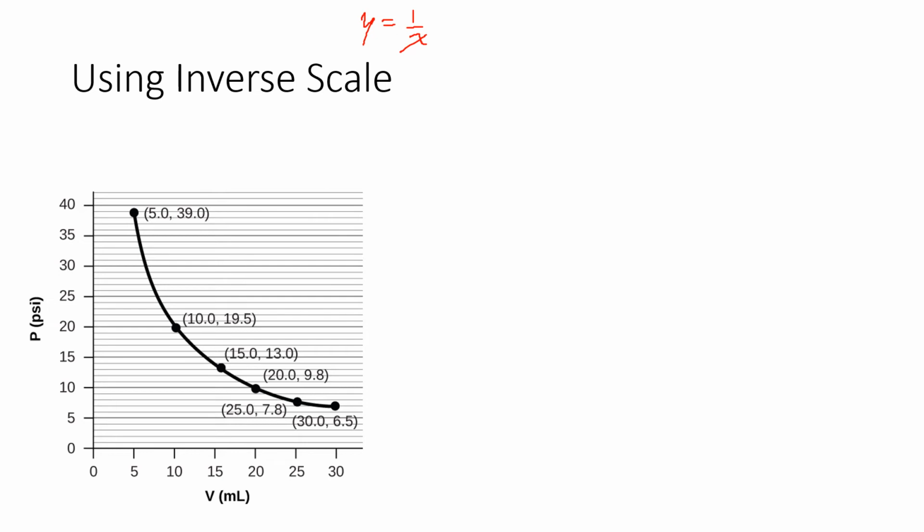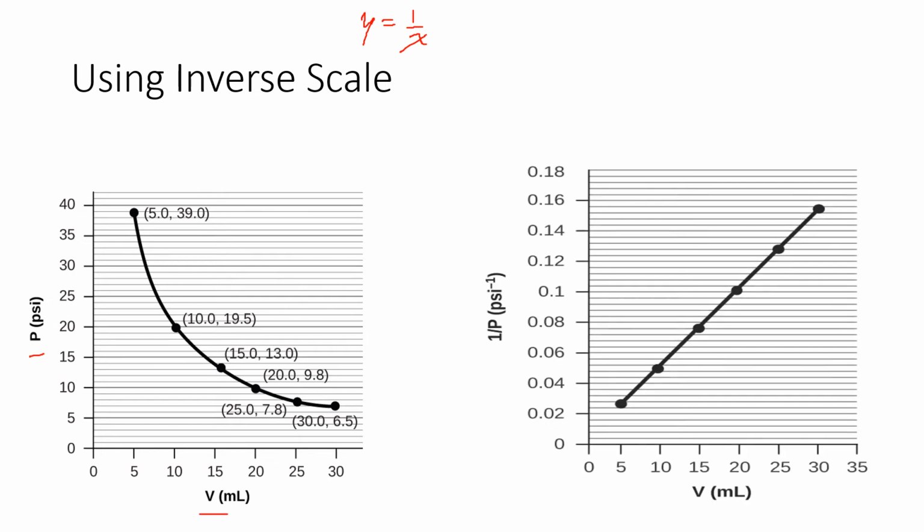So we might try to set up our graph in order to what's called linearize this. So instead of plotting, here I've plotted pressure versus volume. Instead, I might plot 1 over pressure. So take my pressure readings and take the reciprocal of them so that I can plot them. And lo and behold, now I have a nice y equals mx plus b, and that'll be easier to do the math of.